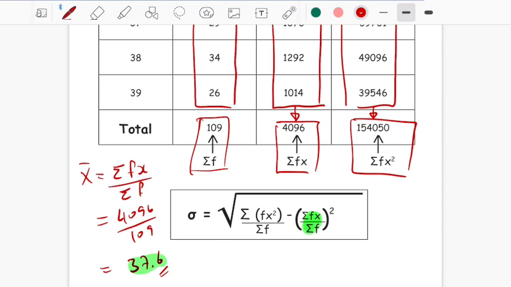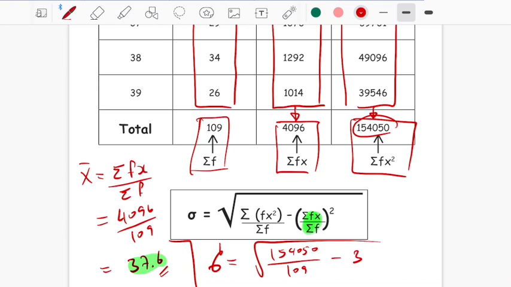Now let's see what I get. The variance, this is SD, is equal to the sum of f, which is given to me as this, divided by 109 minus the mean squared.